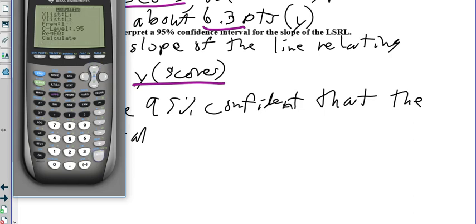And everything's pretty much there. It should be L1, L2, 95%. You just kind of hit enter a bunch of times. And there's our range. Right there. 2.4578, 7.6308. That's where we get it from.